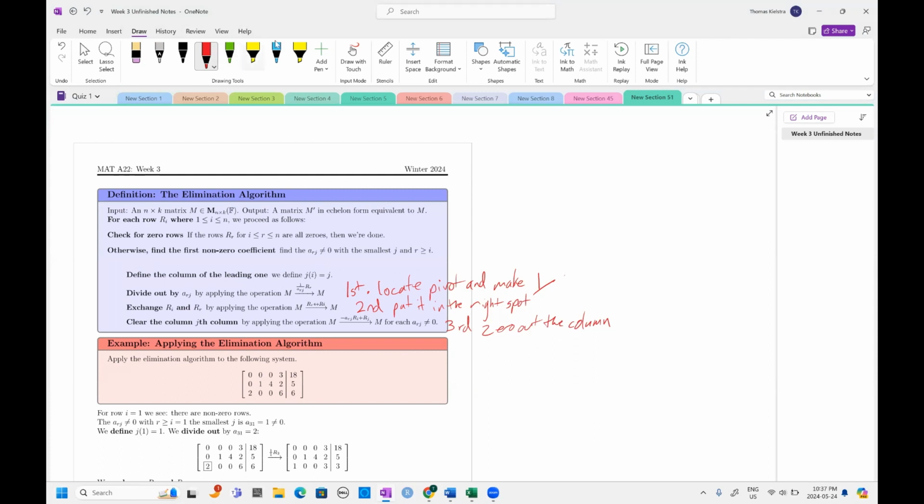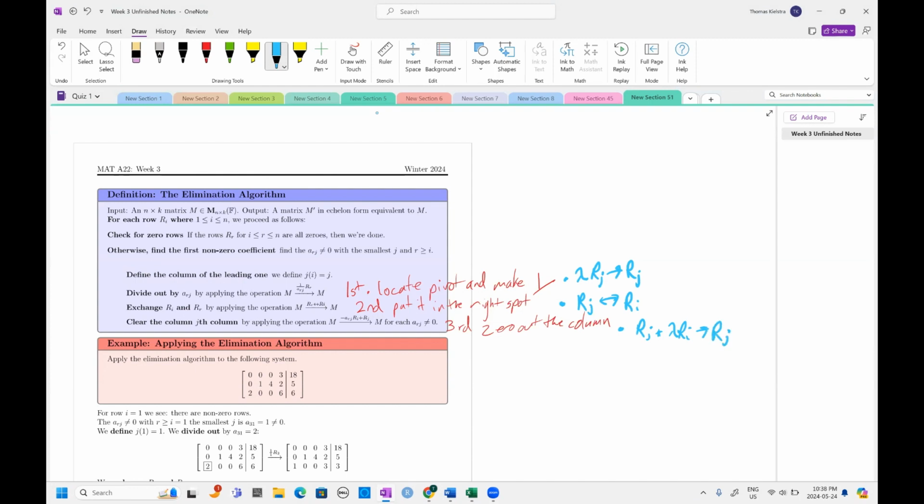Now, there's something you should note about these 3 steps. Here, this step uses lambda rj replaces rj. This step here uses rj swap with ri, and this step here uses rj plus lambda ri replaces rj.